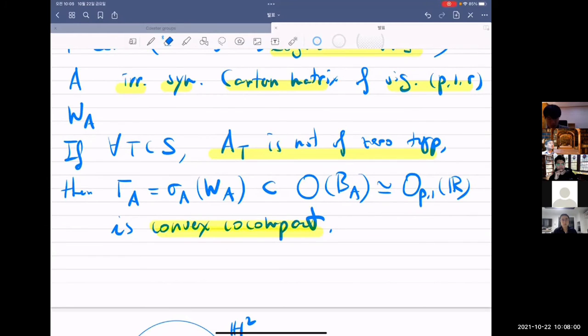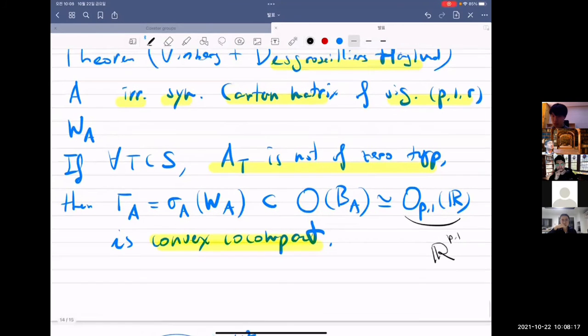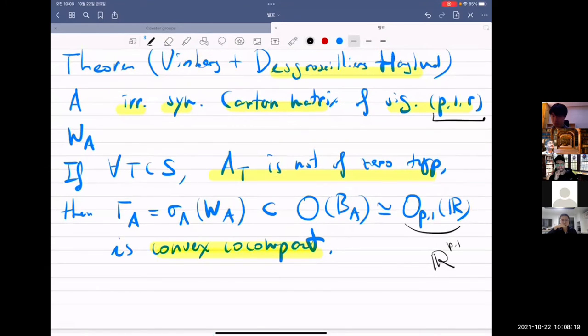Okay, the dimension of the space is here, as you see, R^{p,1}. That's where it acts. So the space itself has dimension p plus 1 plus r, right? Yes, exactly. You're right. Thank you very much for your question. The Cartan matrix has dimension p plus 1 plus r.